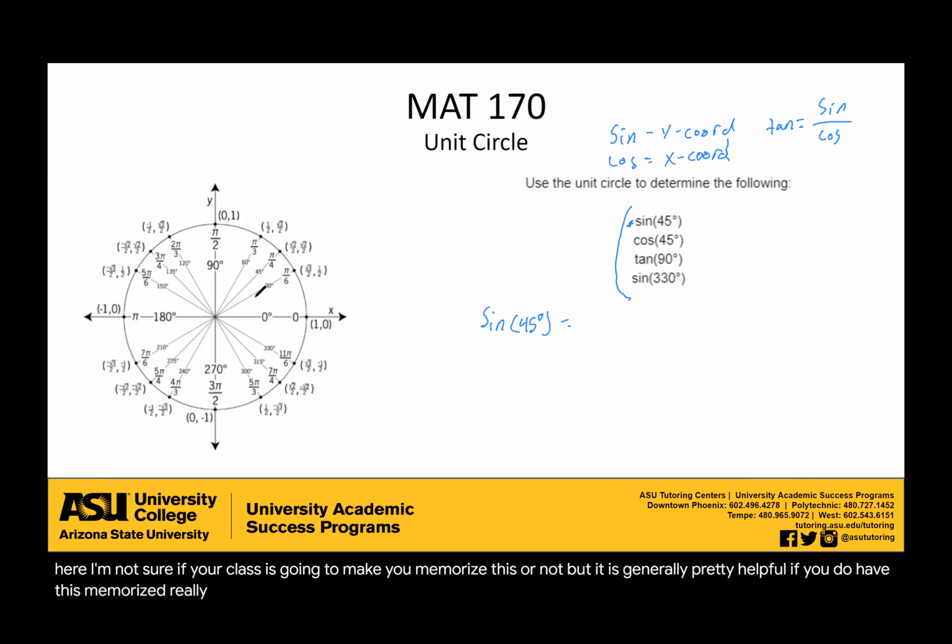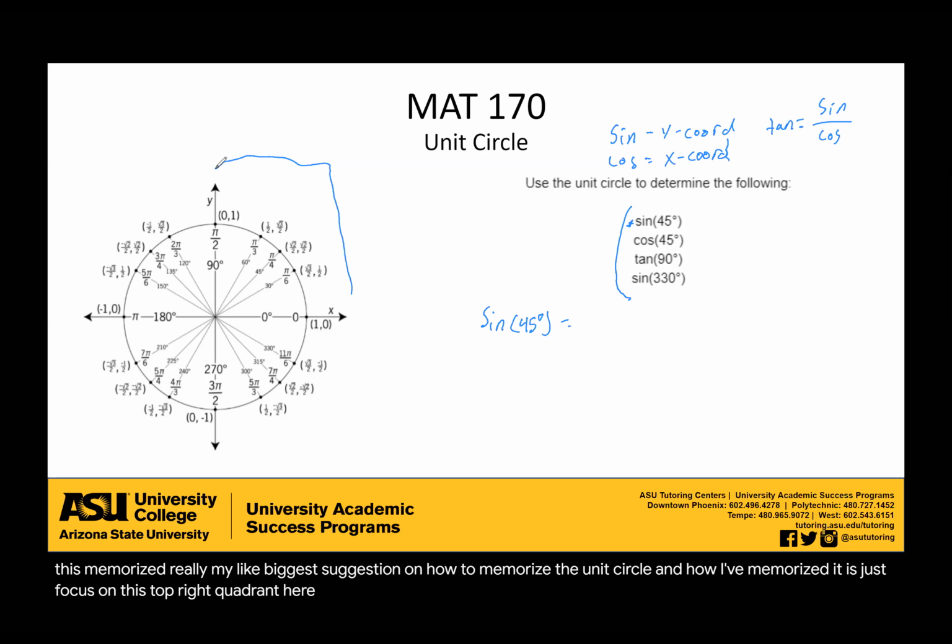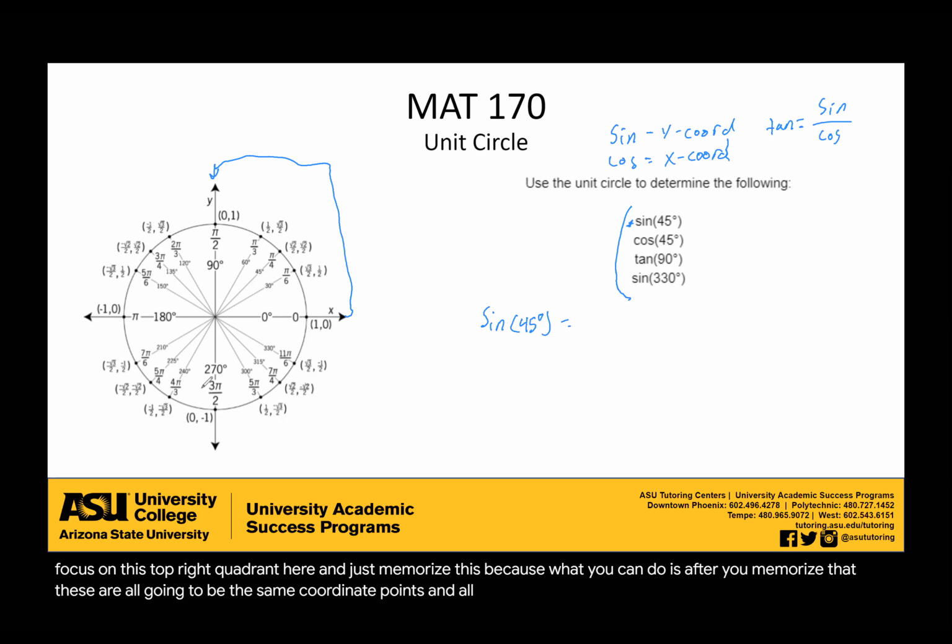My biggest suggestion on how to memorize the unit circle, and how I've memorized it, is to focus on this top right quadrant and memorize that, because after you memorize that, these are all going to be the same coordinate points in all of the other 3 quadrants of the graph. It's just that some of them are going to have negative signs and some of them are not.